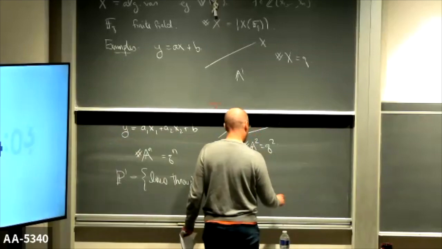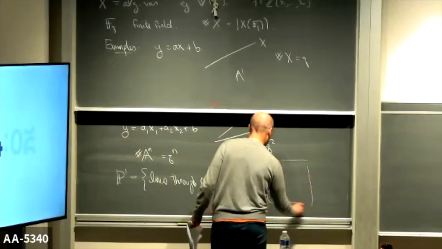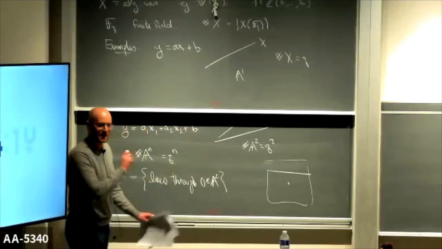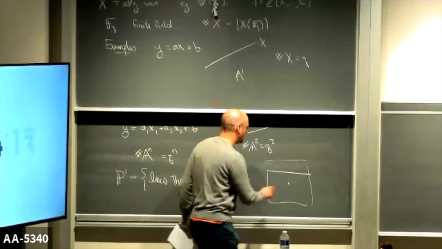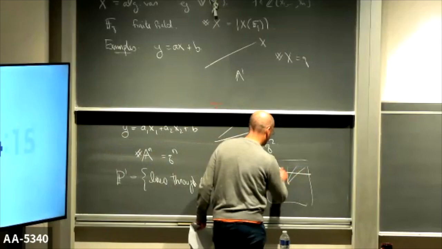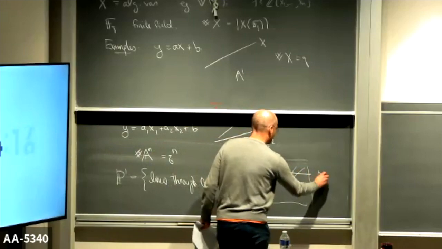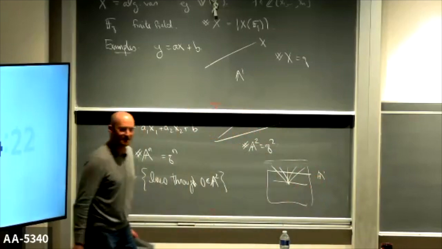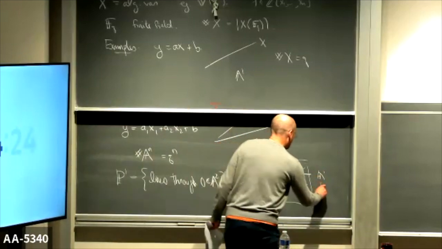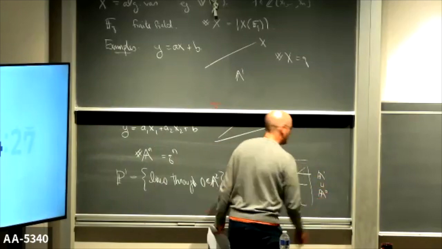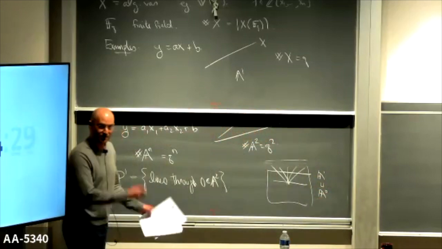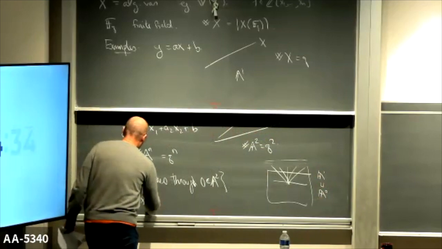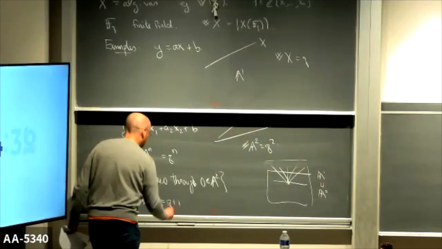And so if we have the affine plane and we have our origin, we could choose one affine line, and then almost every line through the origin will meet this affine line at one point. And so we have an A1 worth of lines, and then there's exactly one line that doesn't meet that, and that's the line parallel. And so we have a disjoint union of A1 and A0, and so point counts will certainly be additive for disjoint unions. The number of points on P1 is q plus 1.